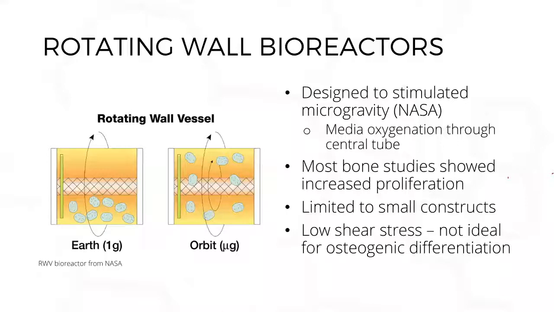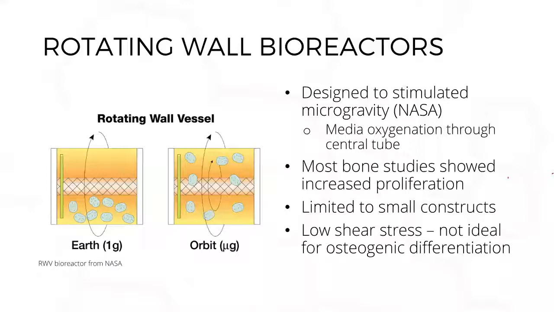So as you can see in this picture, the rotation of the vessel will affect whether or not you achieve microgravity, right? So if the rotation is too low, obviously you won't be able to achieve microgravity. But when you rotate it at the right speed, you will be able to achieve microgravity and simulate these environments for testing different kinds of tissue.